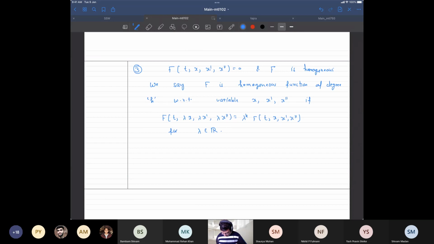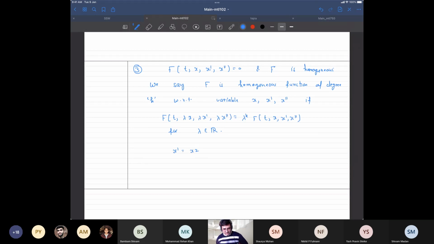All right. So now, if this is the case, then f is called a homogeneous function of degree k, and the trick here is that we substitute x prime is equal to xz.